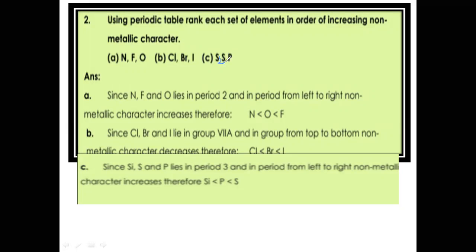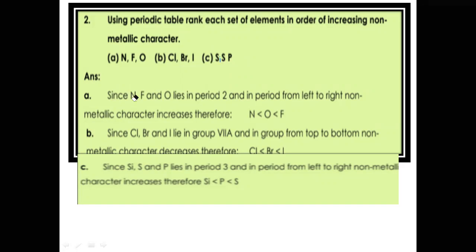Silicon is present in group number 4, and phosphorus in group number 5, and sulfur in group number 6. No, sorry, silicon is in group number 4, sulfur in 6, and phosphorus in 5.